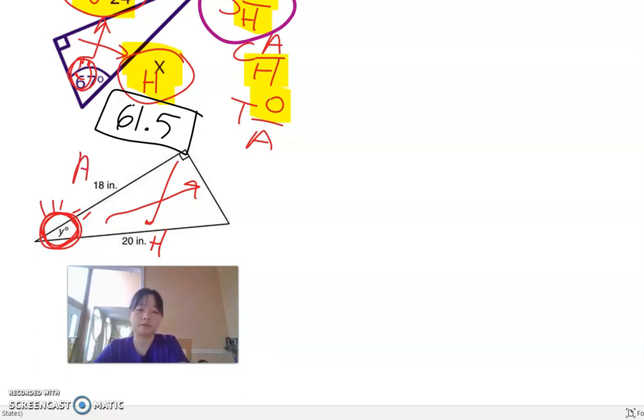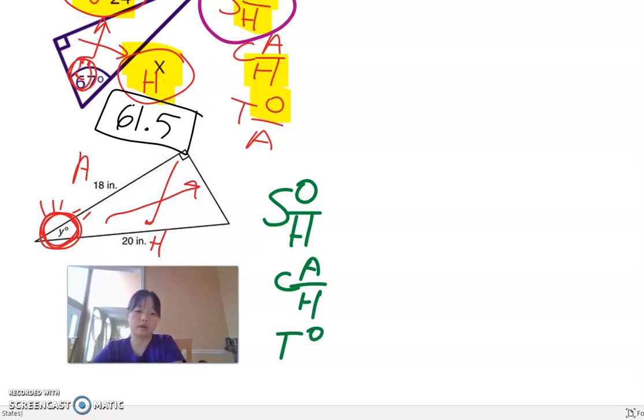Back to SOHCAHTOA. What are we looking for this time? What do we have? We have the hypotenuse, that's 20, and the adjacent, which is 18.